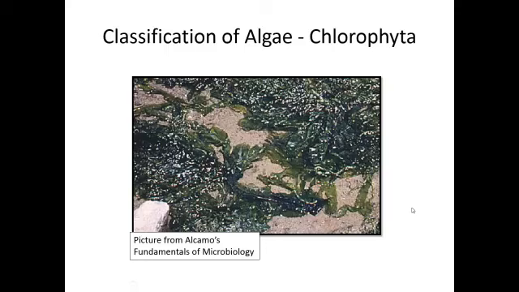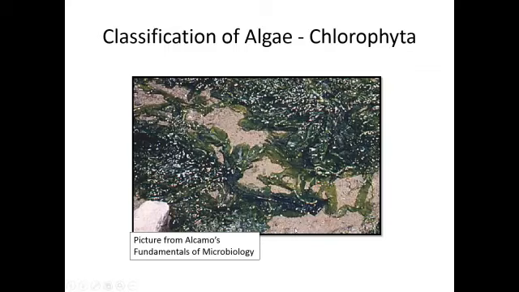Both chlorophyta and plants use chlorophylls A and B. They use starch and sugar as their food reservoirs, and at least the chlorophyta that are most closely related to plants use cellulose in their cell walls. Because of this, some taxonomic schemes put chlorophyta and plants together in the same group. So we've moved chlorophyta over to the kingdom Plantae in some situations.